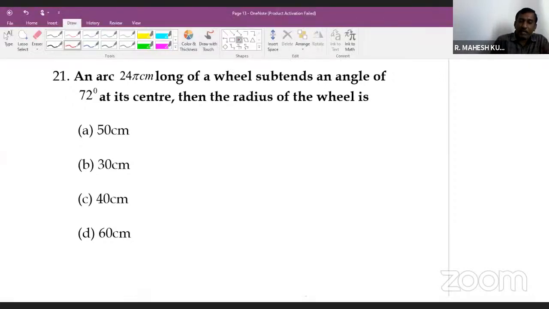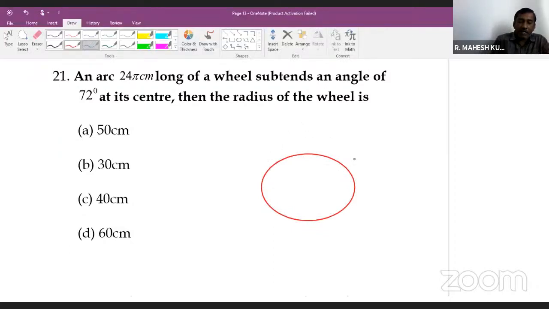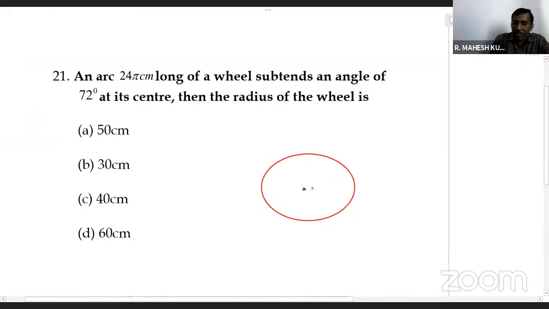So let me take an arc of a circle. So you are having a circle in which the arc is 24 pi. It is going to be 24 pi, right? So L is going to be 24 pi centimeter. This is given. It subtends an angle of 72 degrees. So theta is 72 degrees.